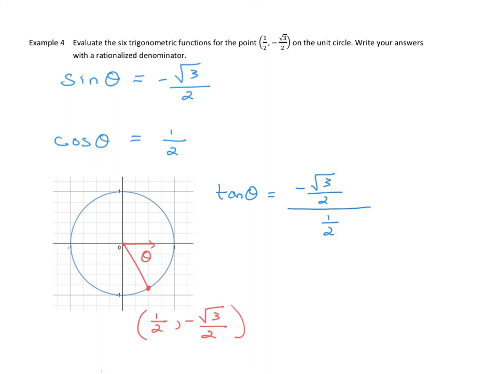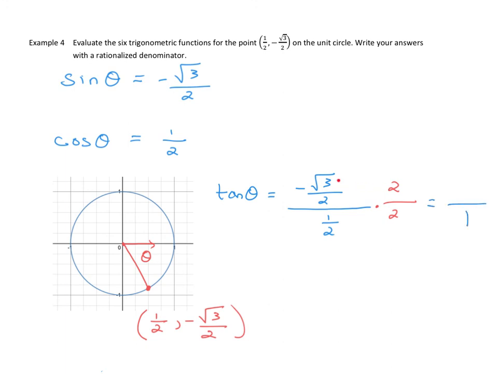One way you can do this is by multiplying the top and bottom by 2. Multiplying by 2 over 2 is the same thing as multiplying by 1, so it doesn't change the value of this fraction. But 1/2 times 2 is 1. Let's see. We'll get 1.